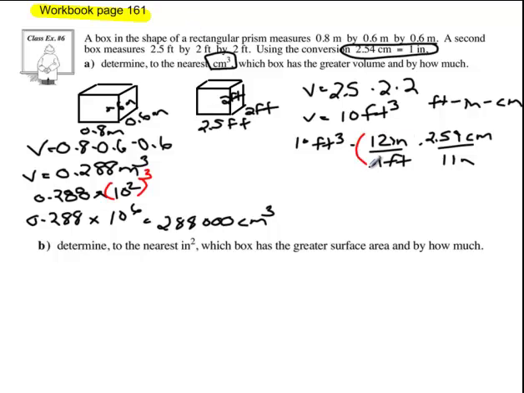And don't forget that both of your conversion factors get cubed because we're dealing with 3 dimensions here. So that's going to be 10 feet cubed, and then just cube each thing here. So I get 1728 inches cubed over top of 1 foot cubed.